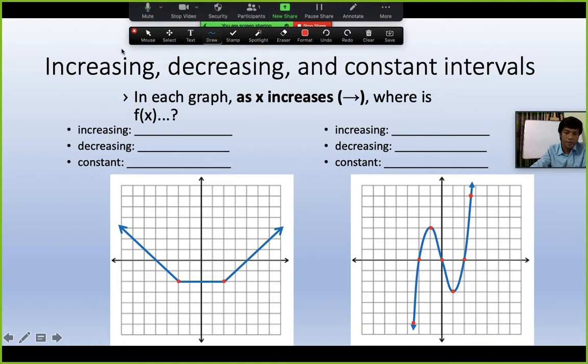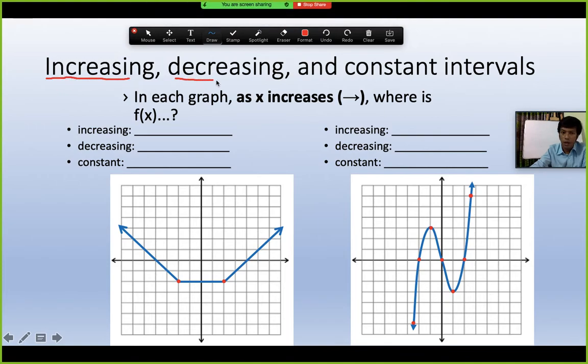A graph can be increasing, a graph can be decreasing, and sometimes a graph can be constant, and many times a graph can combine all of them also. So what does it mean?